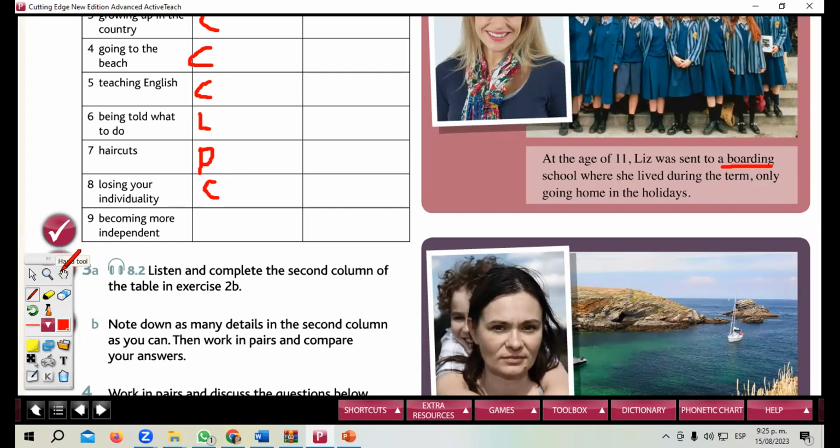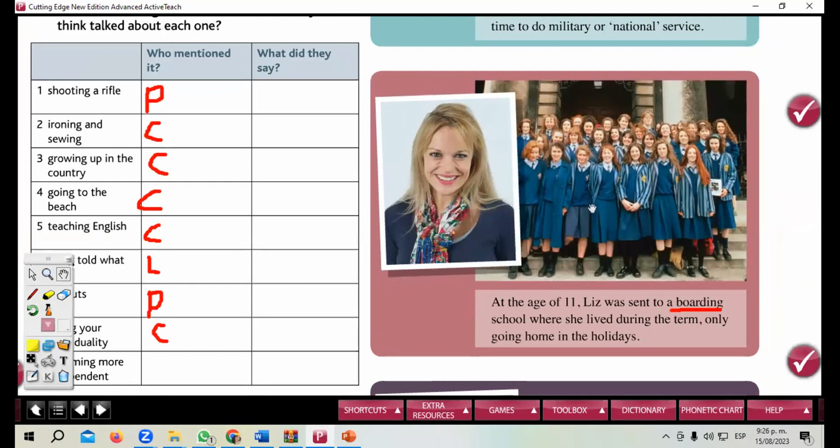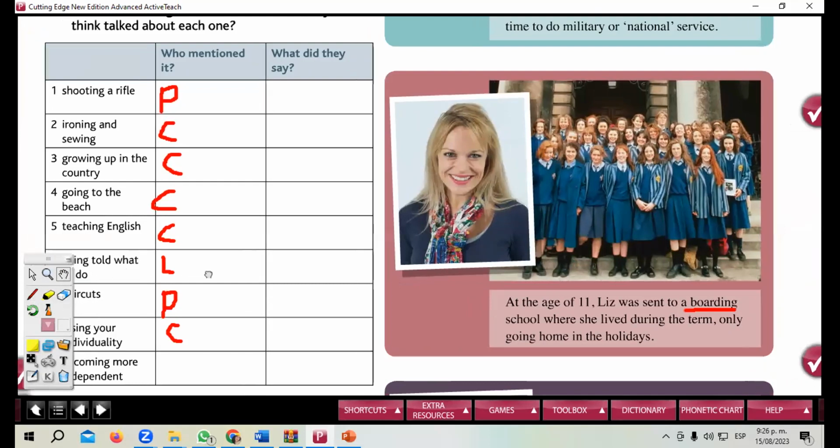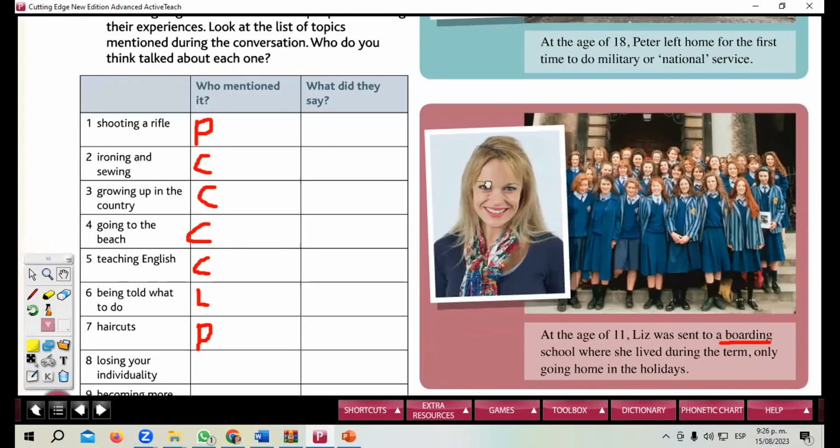Maybe you lose your individuality in the army or at school. Yes, it can be, I would say, maybe Peter or Liz. Which one do you think is more likely? Liz or Peter? For me, Liz. Me, Peter, teacher. For you, Peter? Okay, I'm not sure. Let's put the P and then we will check.